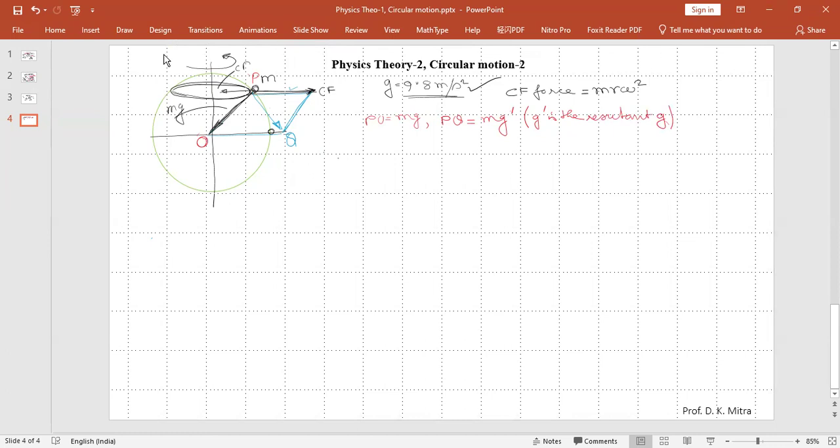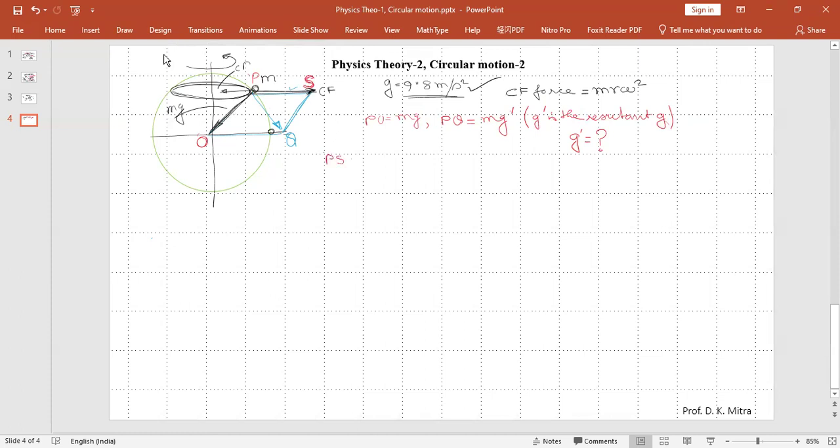Now we have to find out what is the value of g dash. That means the resulting gravitational force of attraction, right? And let us make this point PS. Then PS is the centrifugal force.